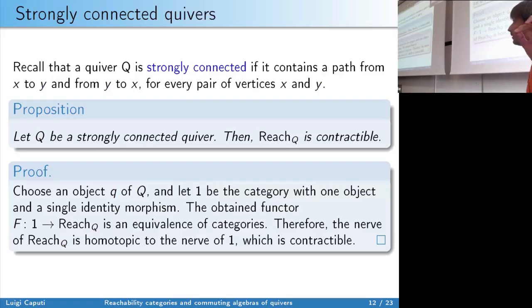Let's say it's sent to any object q in Q. And this describes a functor from 1 to the reachability category, which is an equivalence of categories. As a consequence, the nerve of the reachability category is homotopic to the nerve of the category with one single object. And this last is contractible, which implies the contractibility of the reachability category.